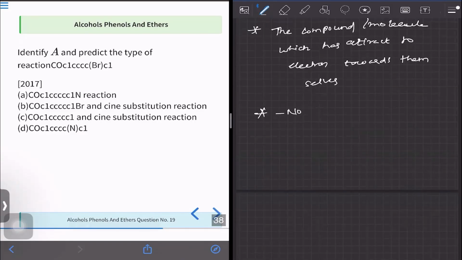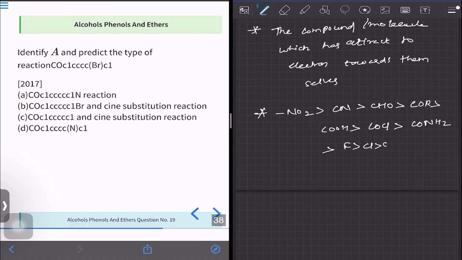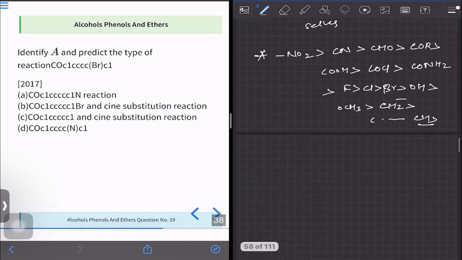It includes NO2 greater than cyanide greater than CHO greater than COR, COOH greater than COCl greater than CONH2 greater than chlorine, bromine, OH and OCH3 and CH2 minus. At last it will be the methyl group. This is the order of minus I effect.